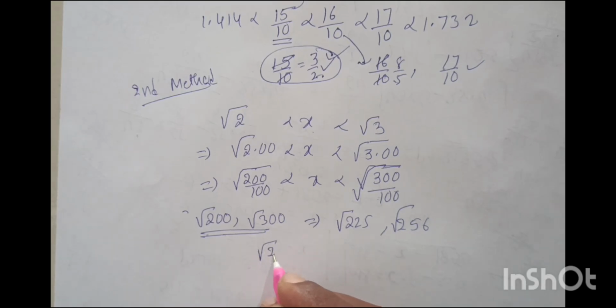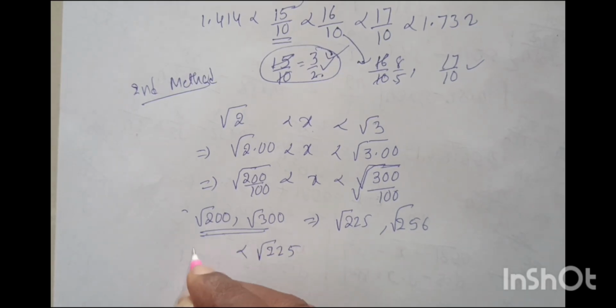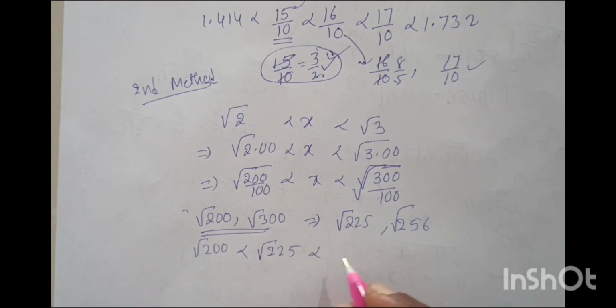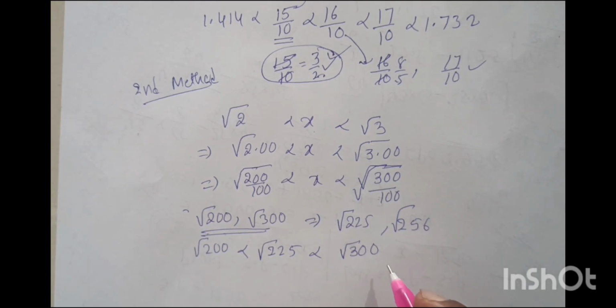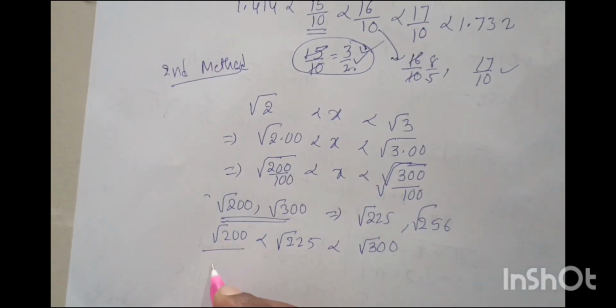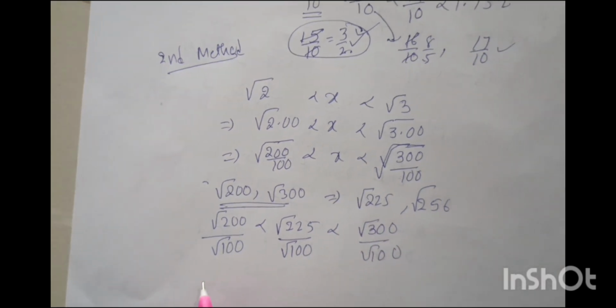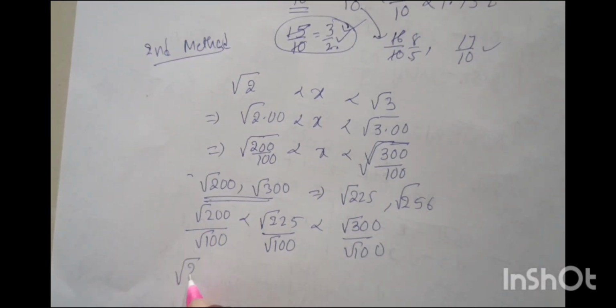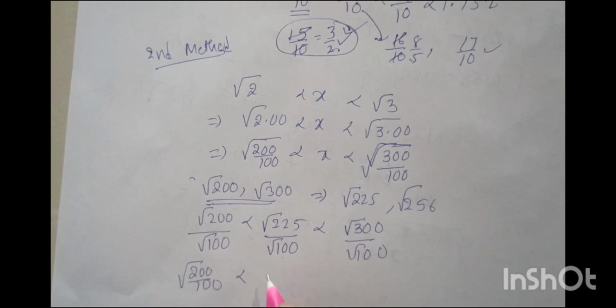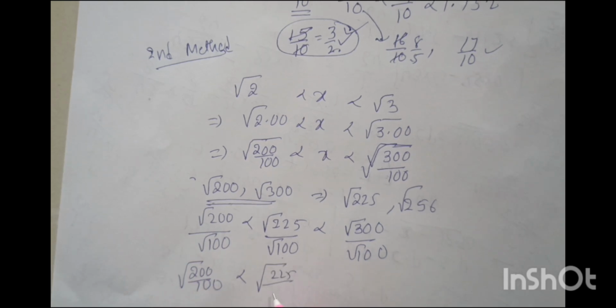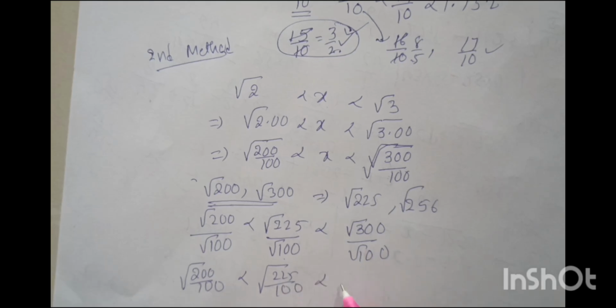That means √200 is less than √225, less than √300. Now divide by √100: √200/100, √225/100, and √300/100.